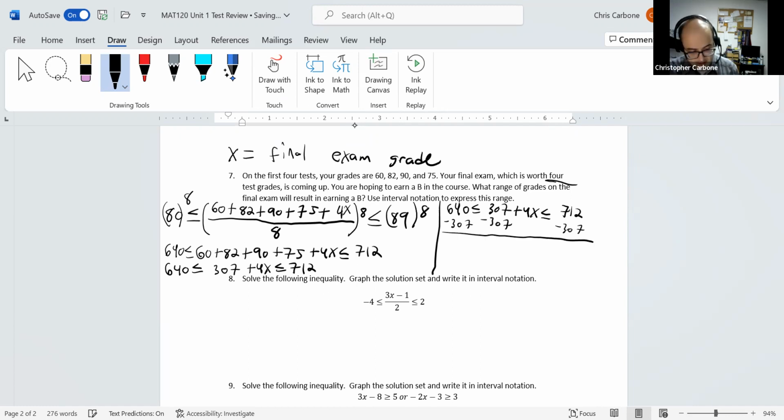This would make 333 less than or equal to 4x less than or equal to 405. Dividing by 4 on all 3 sides gives us a final answer of 83.25.